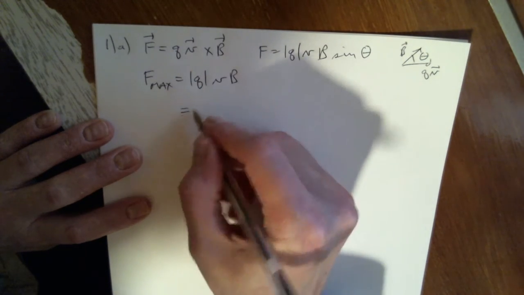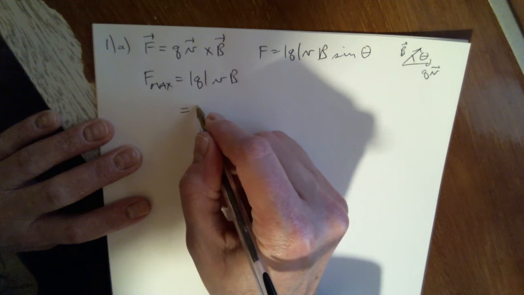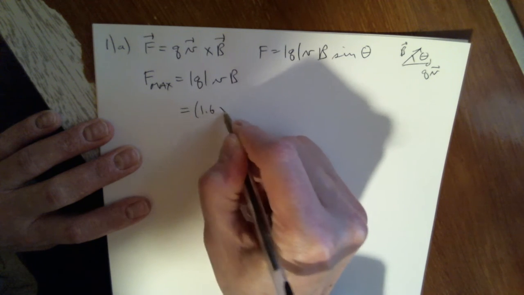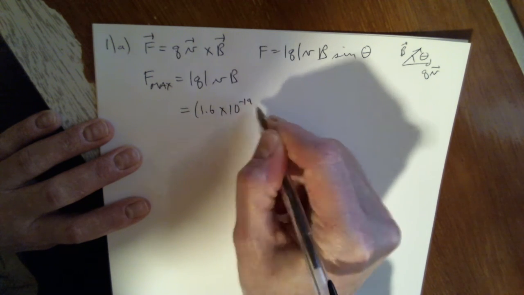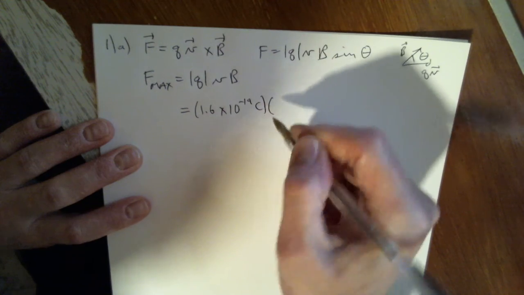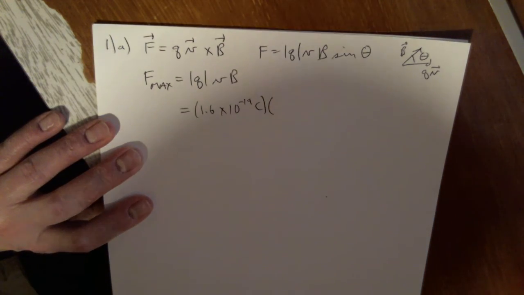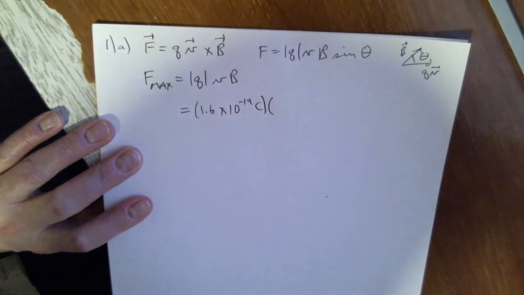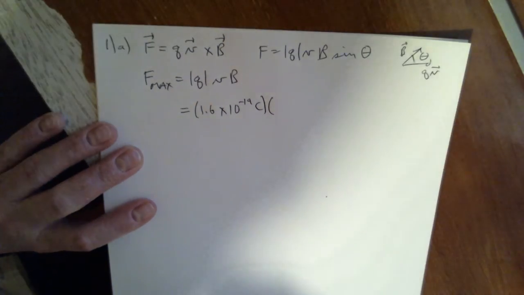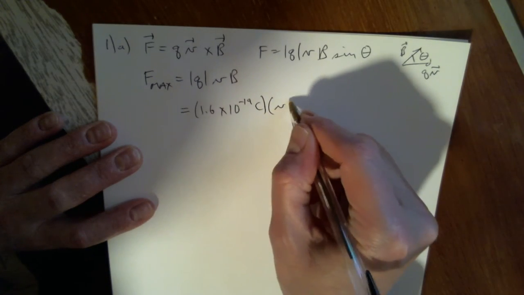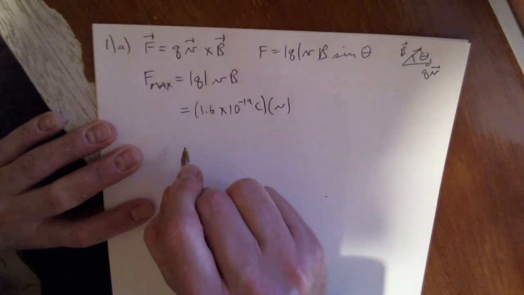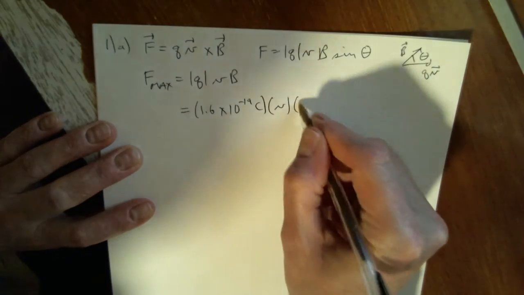So the magnitude of the charge is e, which is 1.6 times 10 to the negative 19 coulombs, times the speed, which we want to find out from the voltage through which the charge is accelerated, times the B field, which is the 2.3 Tesla.